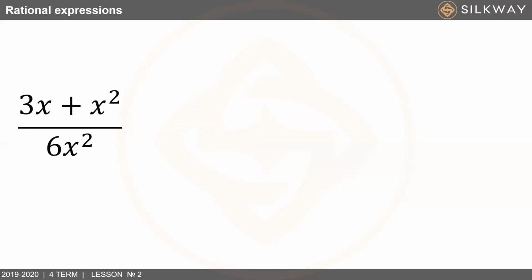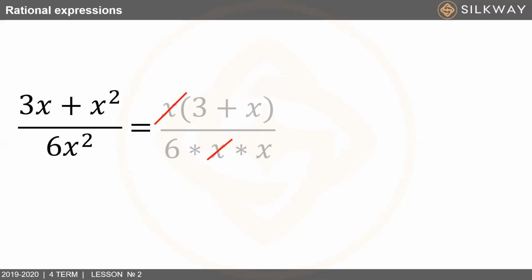Part B. The easy way to simplify rational expressions is to factorize the numerator, then factorize the denominator, and cancel all like terms. So let's factorize the numerator. Let's take x outside the brackets, and inside the brackets we will have 3 plus x over 6 times x times x.